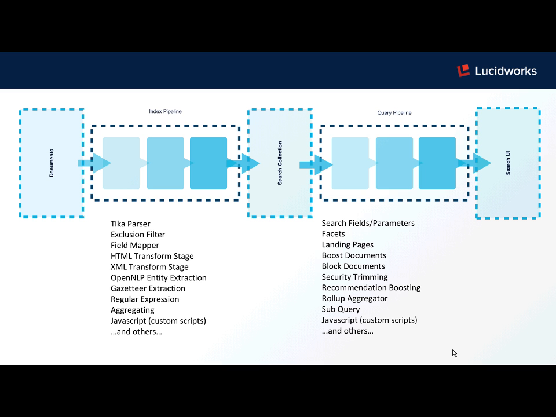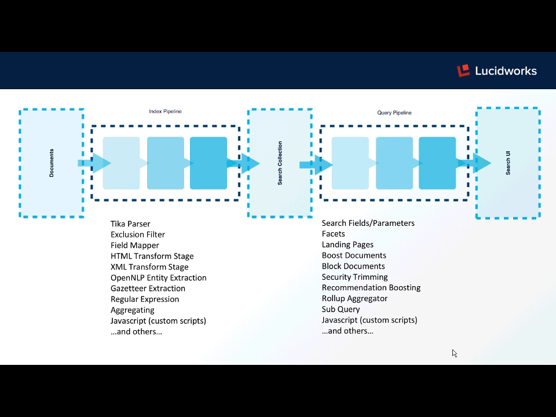On the query pipeline side of things, again, there's a number of stages once you submit the query so that Fusion can understand what it needs to look for, how it needs to look for it, and what it needs to give back to the end user through the search UI. And again, you see below the query pipeline over on the right a list of the different kinds of stages that we can use, including things like developing facets, developing boosts for relevant results.